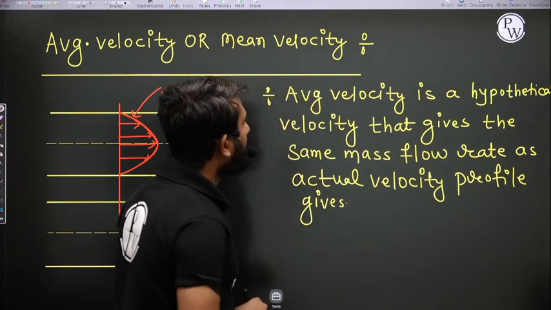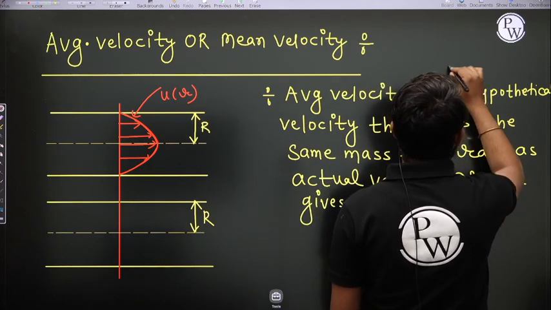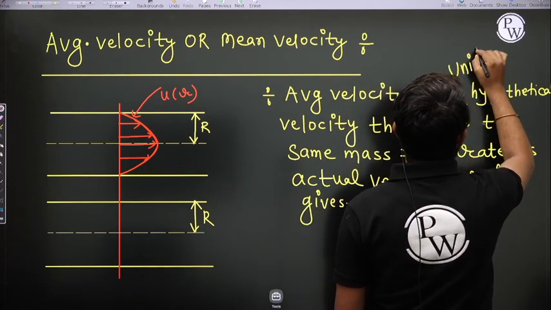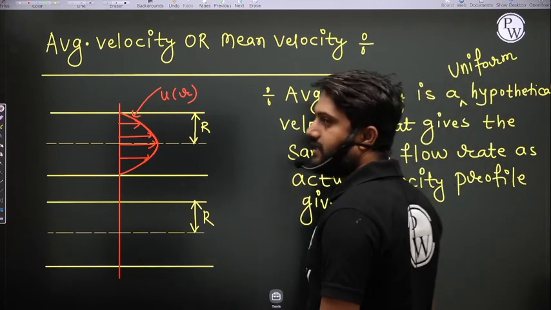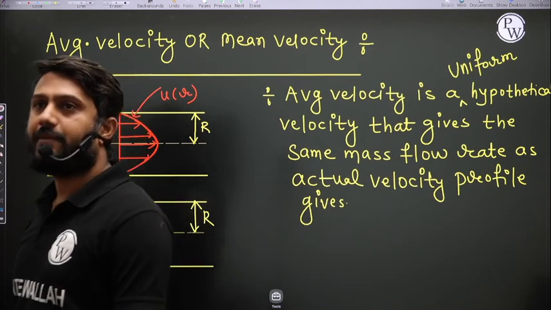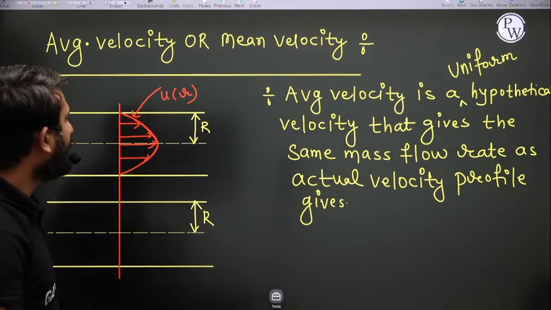Right, average velocity is a uniform hypothetical velocity that gives the same mass flow rate as the actual velocity profile gives.